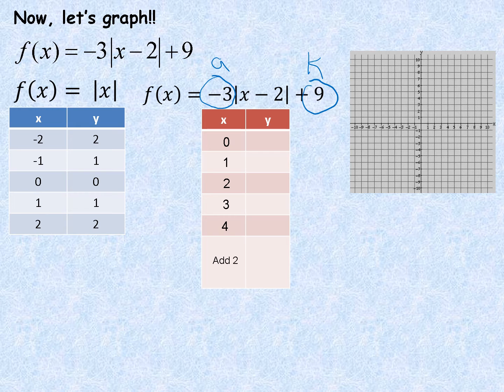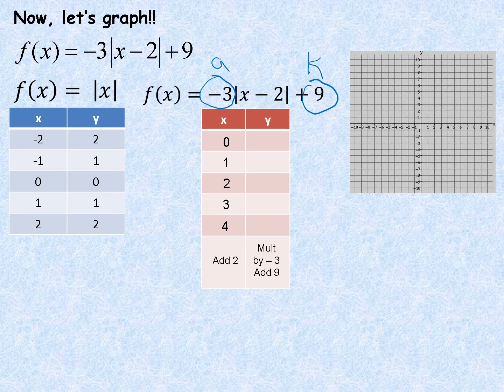So I'm going to multiply by negative 3 and I'm going to add 9. But oh goodness, what do I do first? Think back to PEMDAS. PEMDAS says we multiply before we add or subtract. So I'm going to apply the negative 3 and then add or subtract the k. In this case, I'm going to multiply by negative 3 and then add 9.